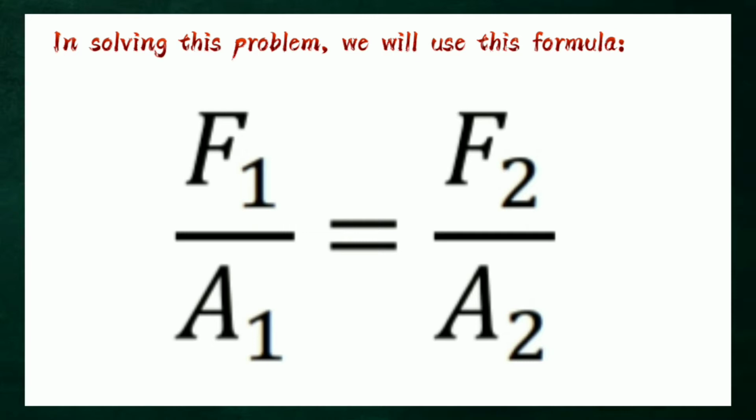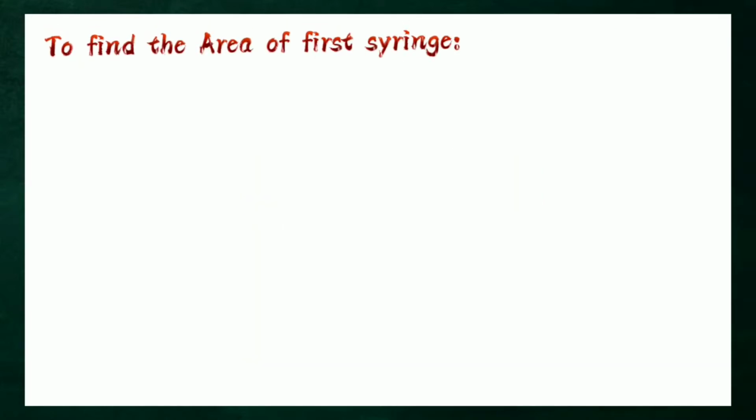But before we find the force of the second syringe, we'll first find the area of the first and the second syringe. In finding the area of the first syringe, the given are the diameter equal to 0.157 meter and the radius 0.079 meter.